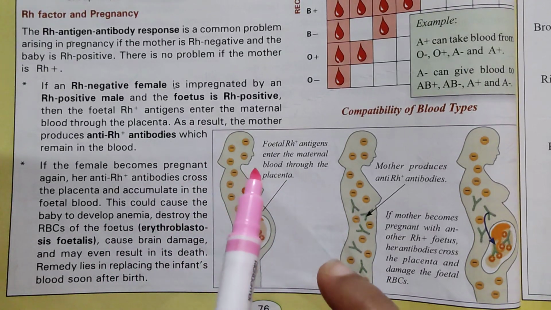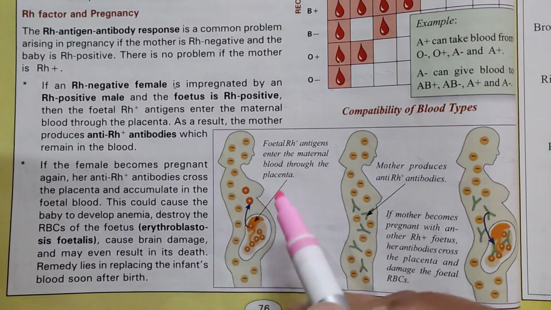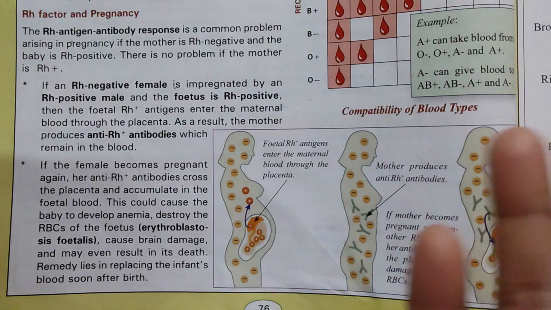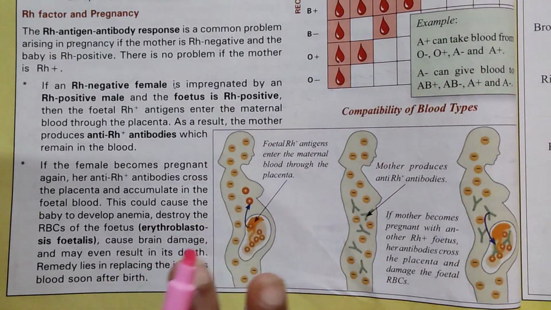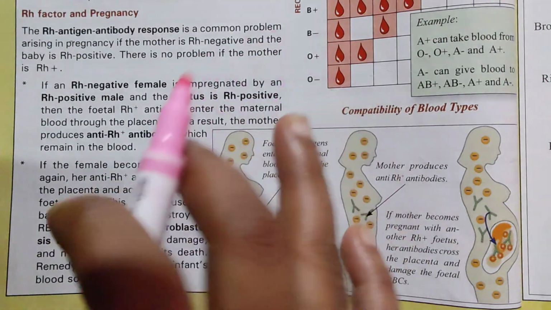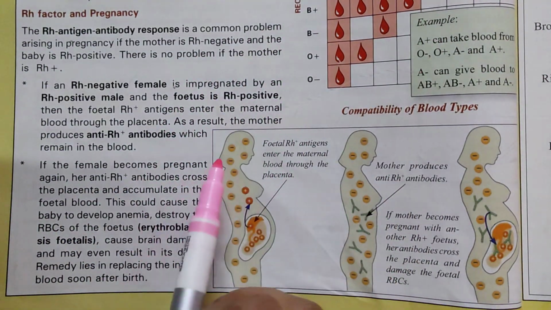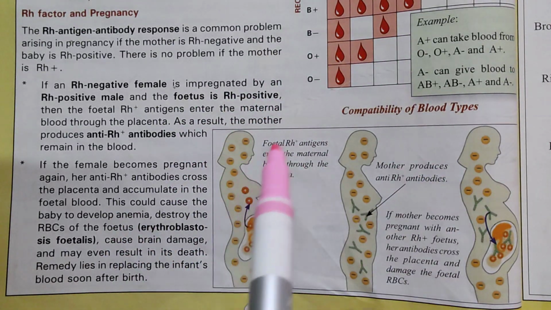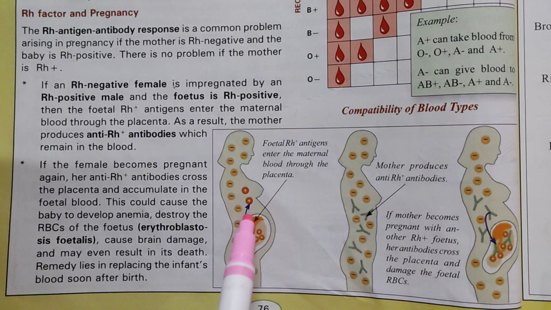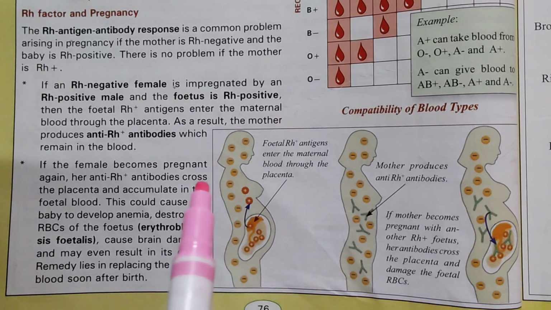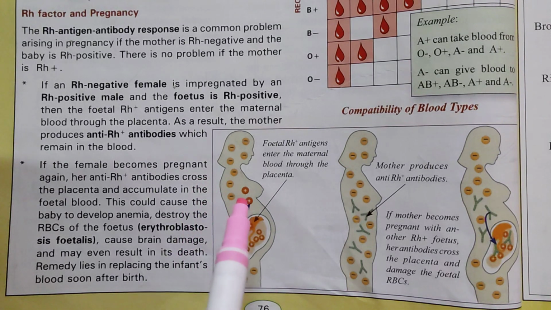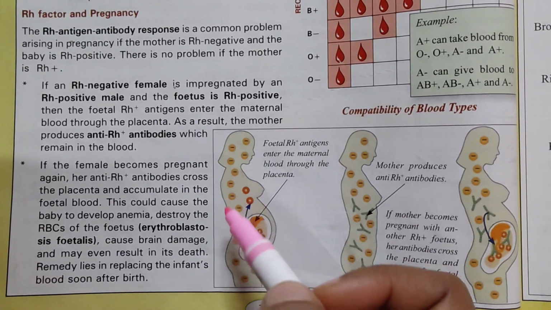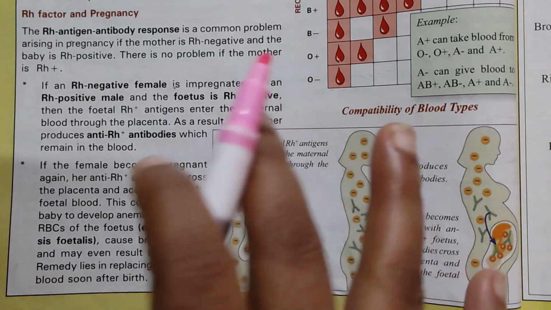So the body recognizes this Rh positive as an antigen which is foreign to it. Now the female's body will produce Rh positive antibodies, because it recognizes the Rh positive factor for the first time. So antibodies are produced by the female's body, which will remain in the blood.